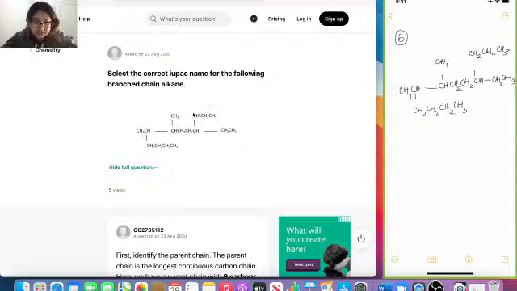Okay, so you're just going to say these 3 groups of carbon here. And so our parent chain in this case would consist of this group here.